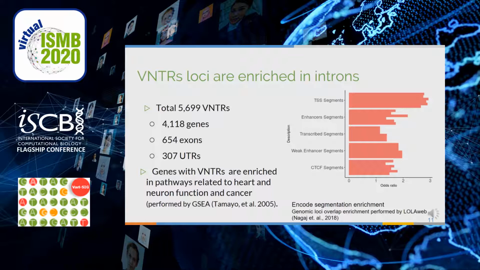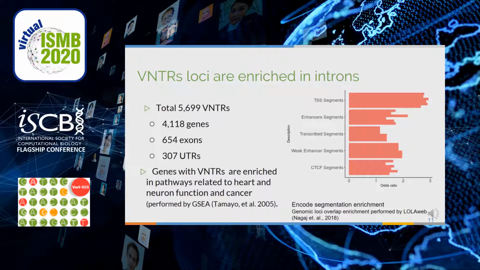We did a GSEA gene set enrichment analysis on KEGG pathways for these 650 exons, and we found pathways related to heart and neuron function and cancer. On the right, I'm showing you genomic loci overlap enrichment, which we did using LOLAweb. It's a tool that was published in 2018.